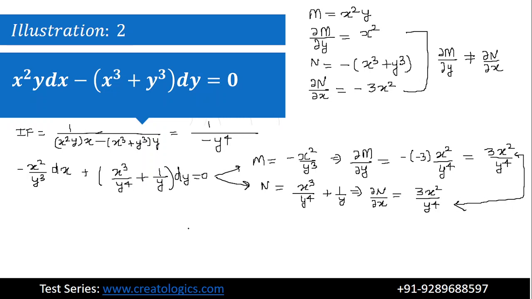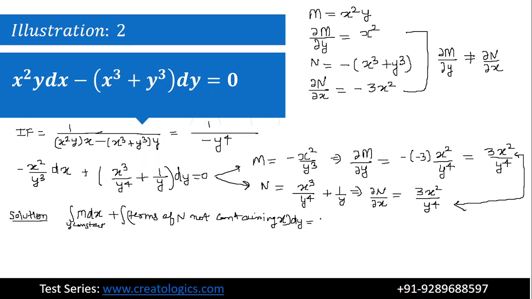And we all know if my differential equation is exact, its solution, as we have already seen in the previous session, is given by integration of M dx keeping y constant, plus terms of N not containing x, dy, is equal to c, where c is your constant of integration.